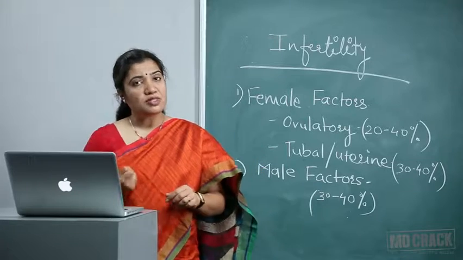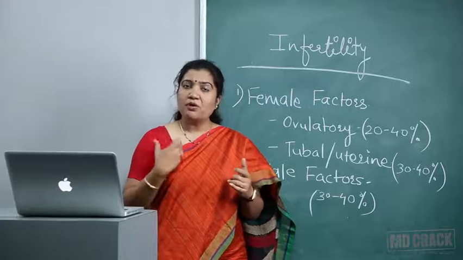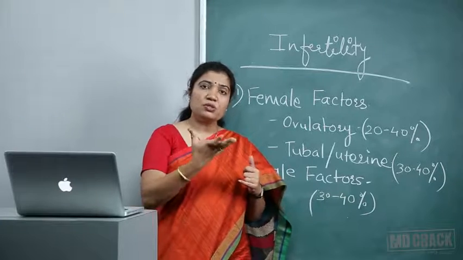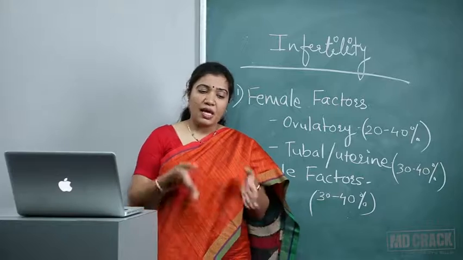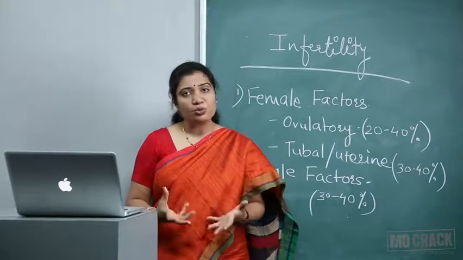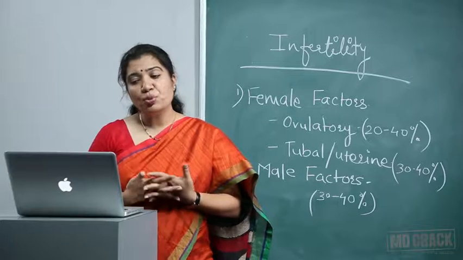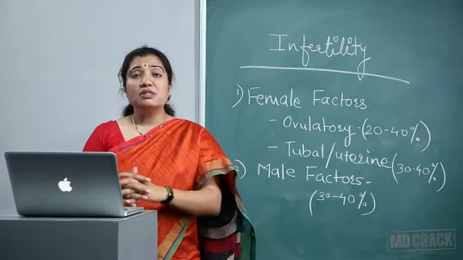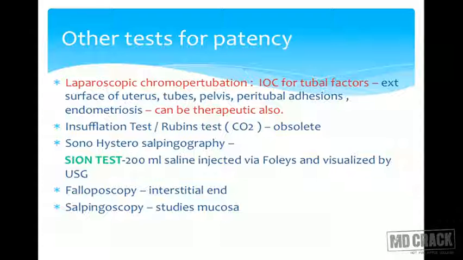Then from the cervical end, you can put in methylene blue dye, and once you inject that dye, it occupies the uterine cavity, comes out to the fallopian tubes, and when the scope is in, you can see blue dye coming out at the fimbrial end. If it comes out on both sides, both the tubes are patent. So this is the investigation of choice or gold standard for tubal patency test, called laparoscopic chromopertubation.